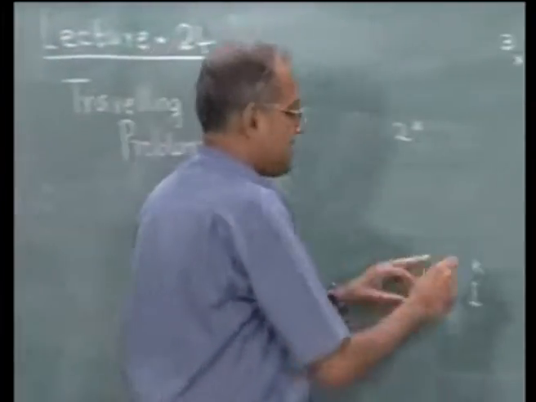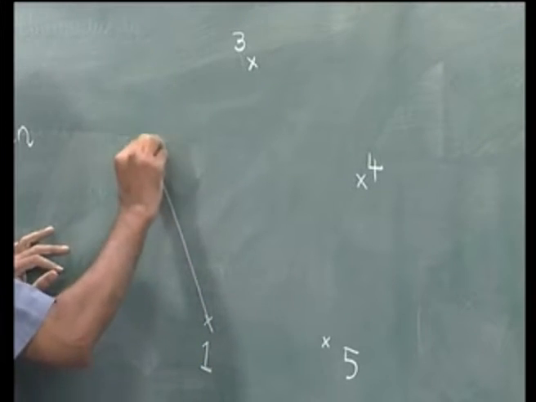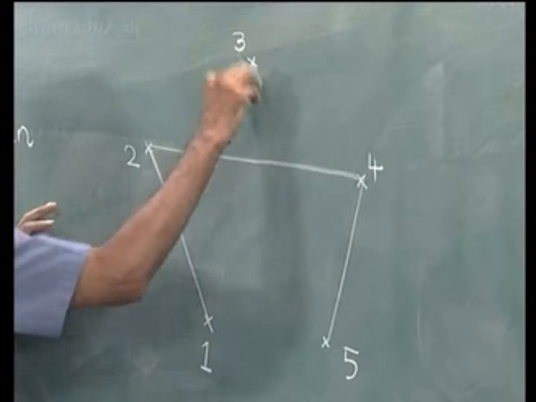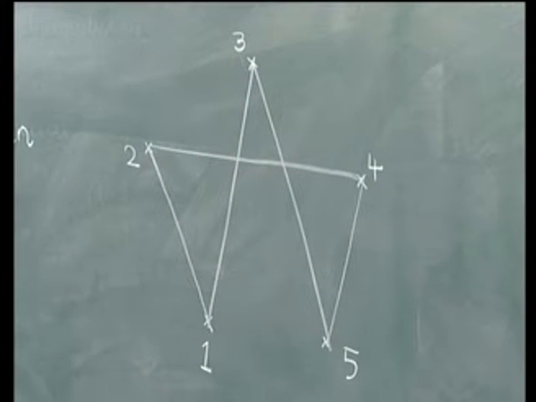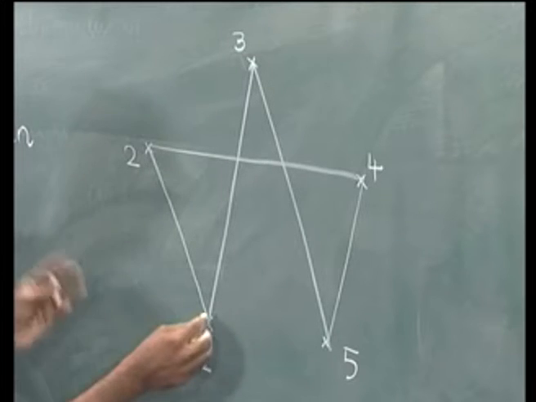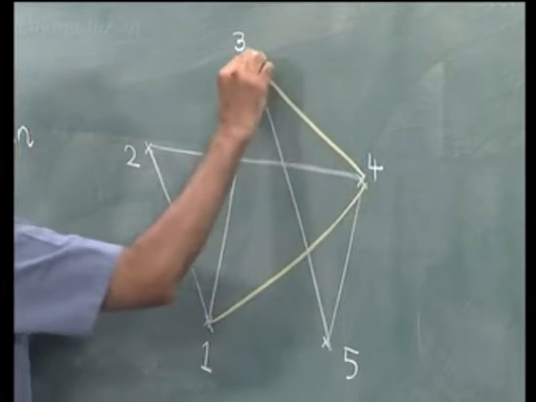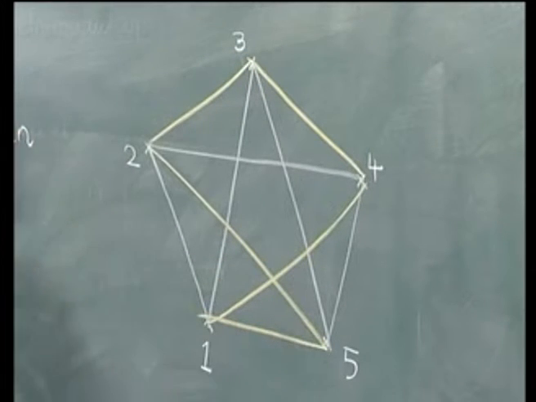Now, the person may choose to start from 1 and from 1 to go to 2 and from there to 4 to 5 to 3 and back to 1 is one feasible solution to the traveling salesman problem. Alternately, another feasible solution could be he goes from 1 to 4, 4 to 3, 3 to 2, 2 to 5 and 5 to 1.